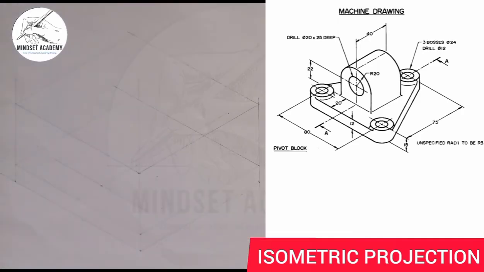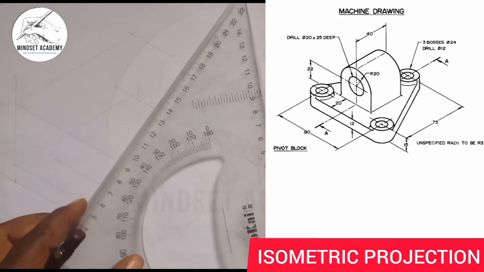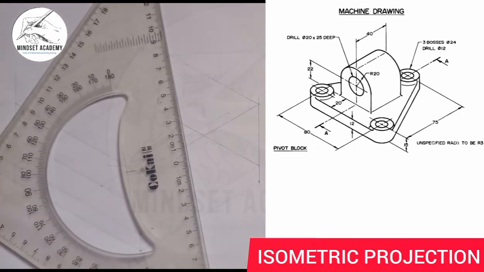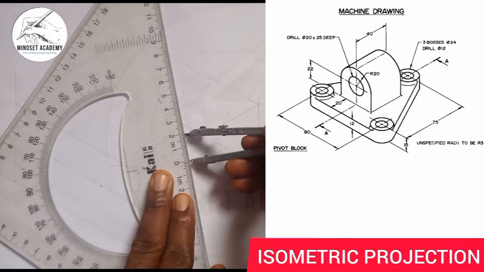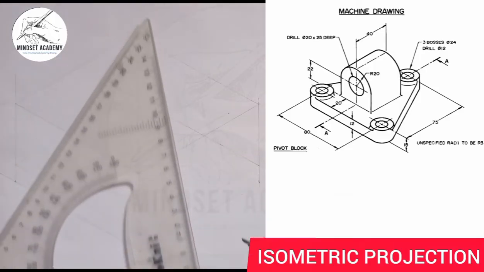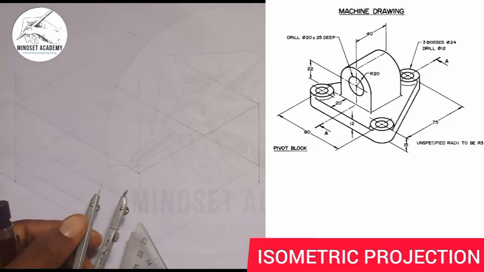Now from that point, we're told the length of this, how do we know the length, since the radius of this figure is given to be 20, meaning the length will be 40. So I will just take my compass and measure the radius of 20, from 0 to 2, and I will come here and place it here.